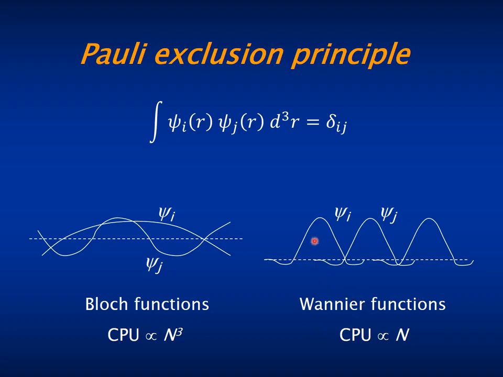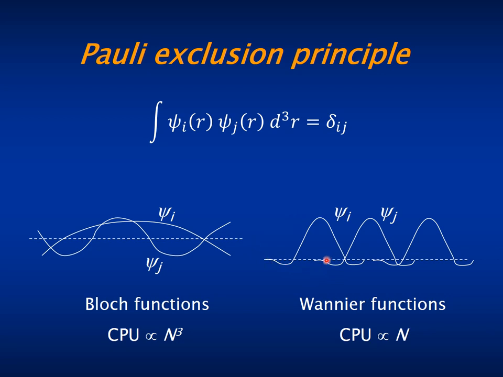That means that their overlap will be substantial or non-negligible with respect to a finite set of other Wannier functions around each other.